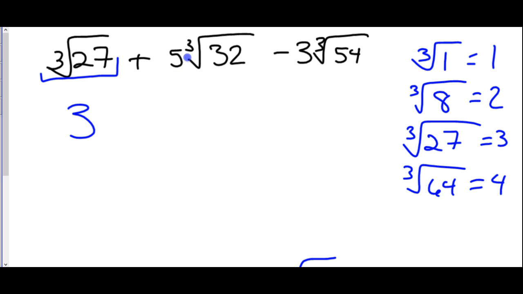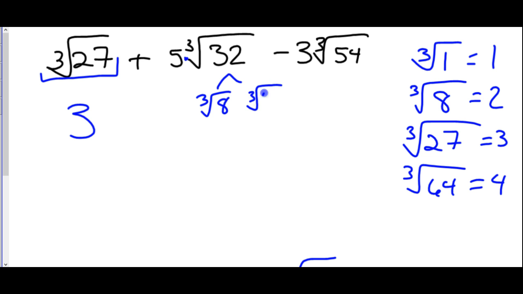Now really there's a multiply sign here, even though they haven't written it. 5 times the cube root of 32. Well, we again want to see what multiplies to be 32. Has to be a number smaller, so it has to be either the 8 or the 1. So is there anything we could multiply 8 by to make 32?